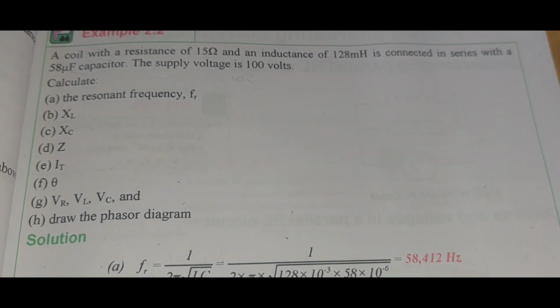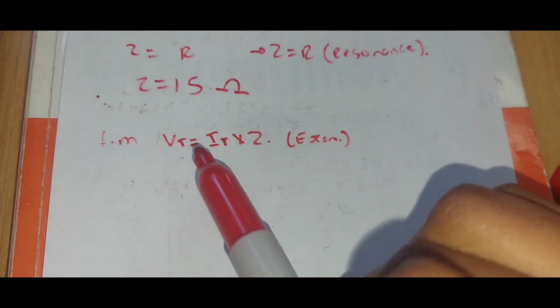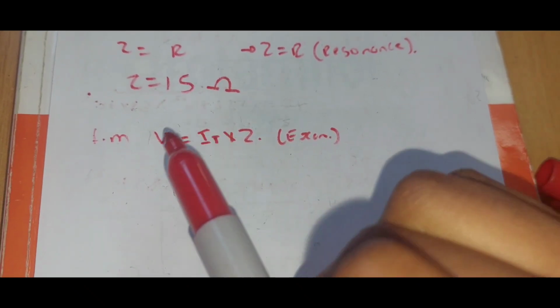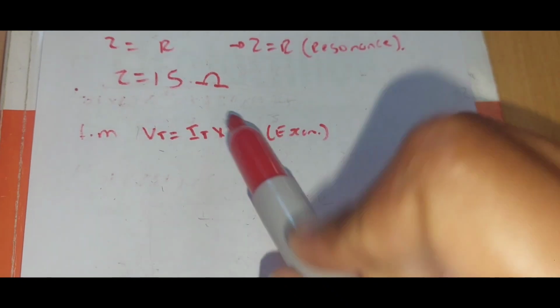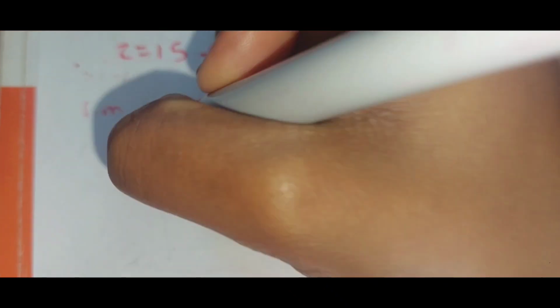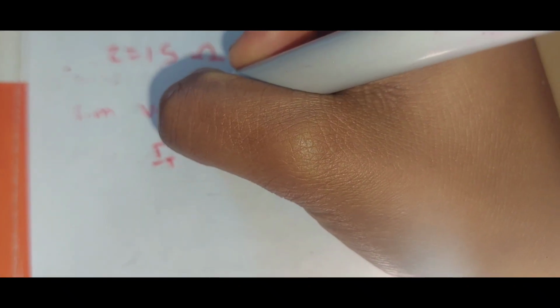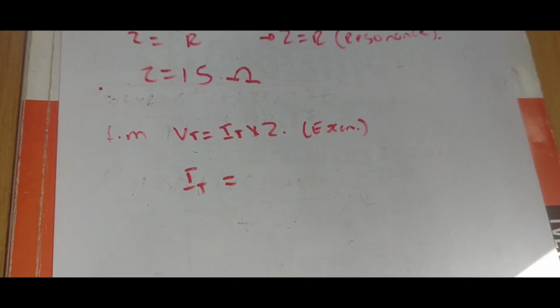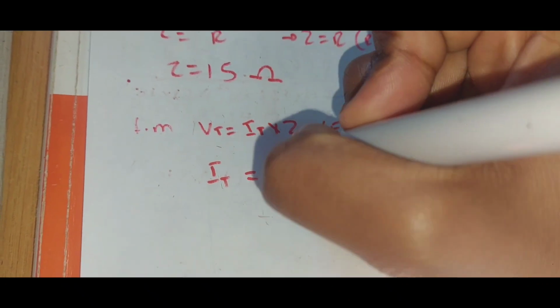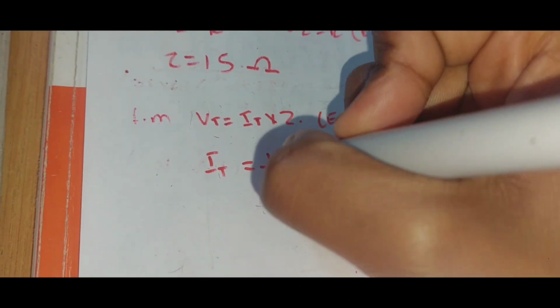And now we will be solving for total current, guys, from this formula. It will be given in the exam. So you see that current will be equal to total voltage Vt over impedance.